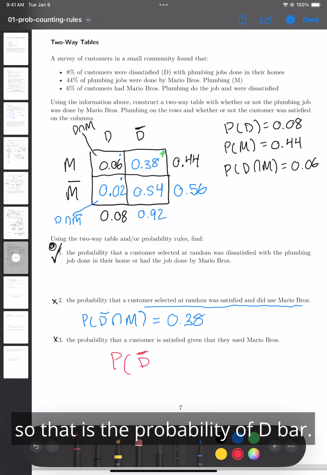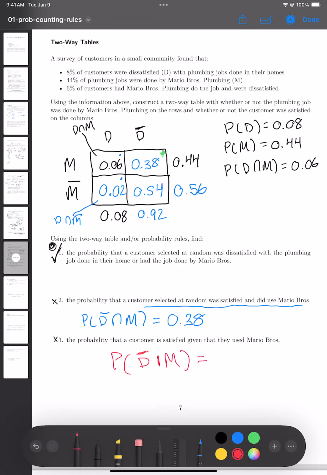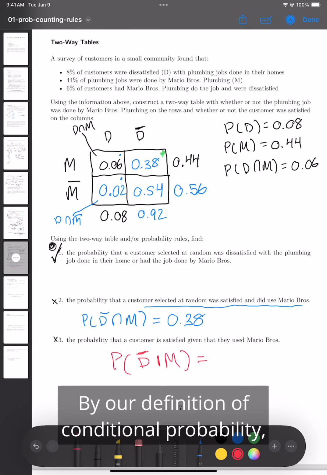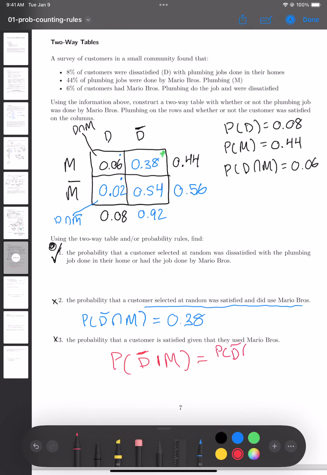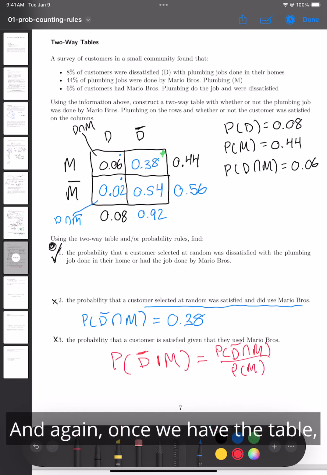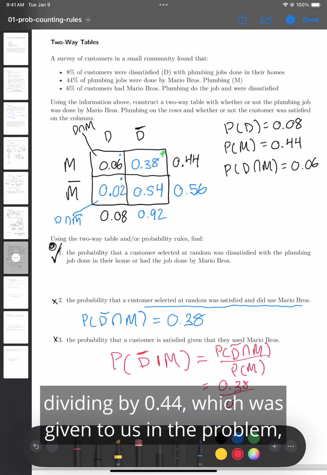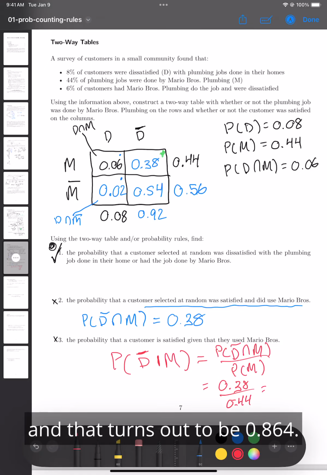So that is the probability of D bar, the complement of being dissatisfied, given M. By our definition of conditional probability, we know that that is the intersection divided by the probability of M. And again, once we have the table, we're just grabbing the 0.38 that we just used, dividing by 0.44, which was given to us in the problem, and that turns out to be 0.864.